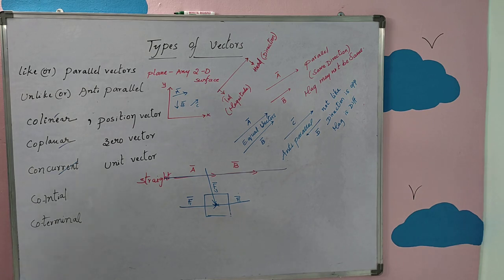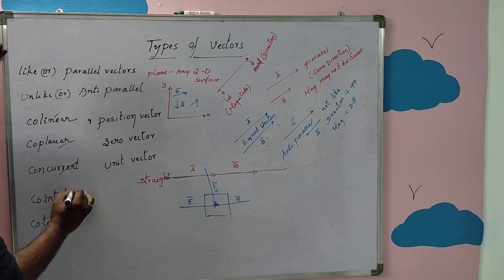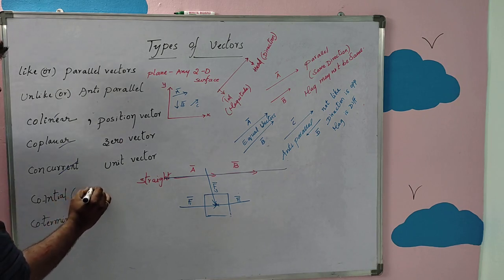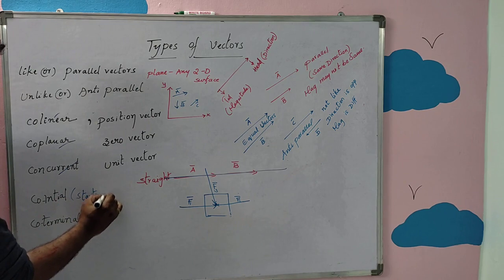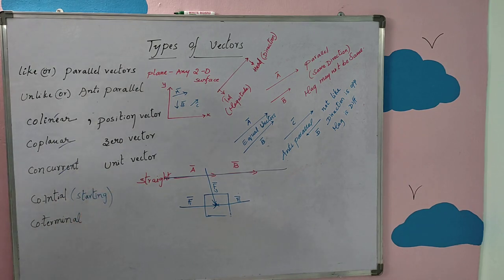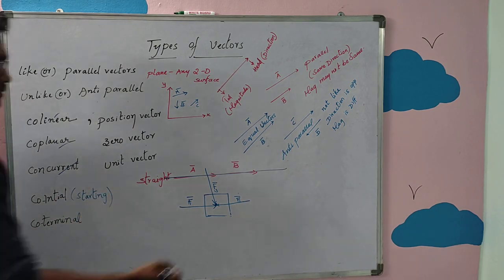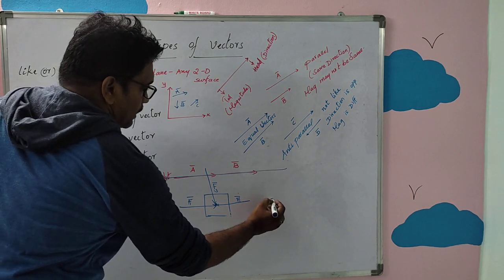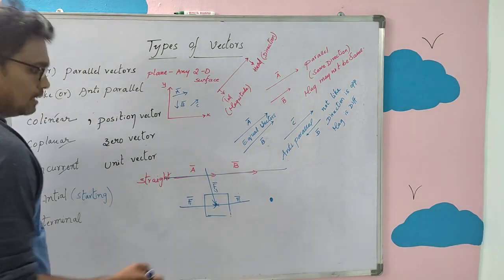Now come to co-initial vectors. Initial means starting. Co, any number of vectors having the same starting point. For example, say this is the point from where these vectors are starting.